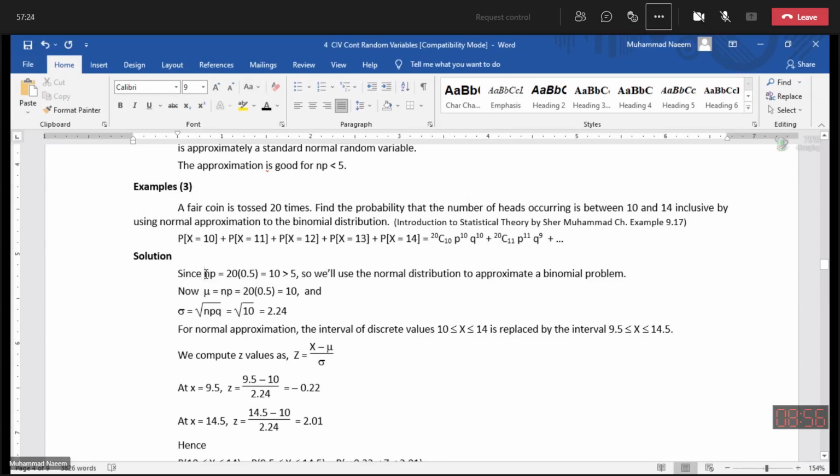So use the mean value of the binomial, which is equal to np. This is our mean value. np is equal to 10, and the value of sigma is 2.24. Now we have the mean and standard deviation for our variable.